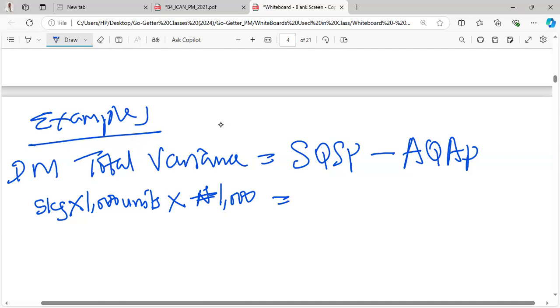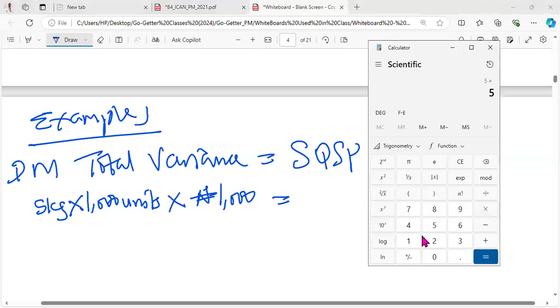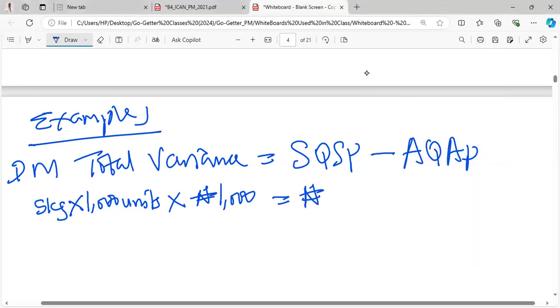So standard quantity, standard price will give you 5 times 1,000 times 1,000. That gives you 5 million.